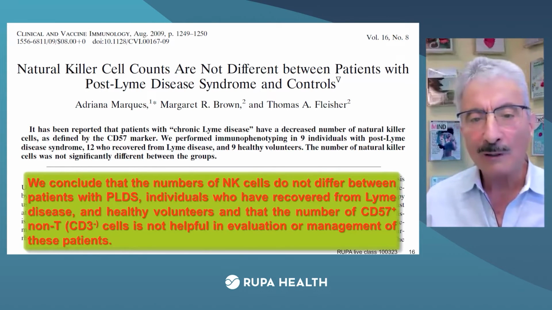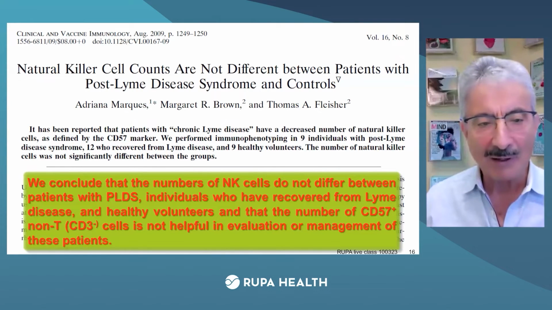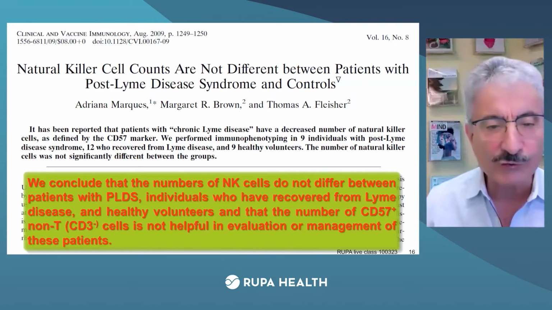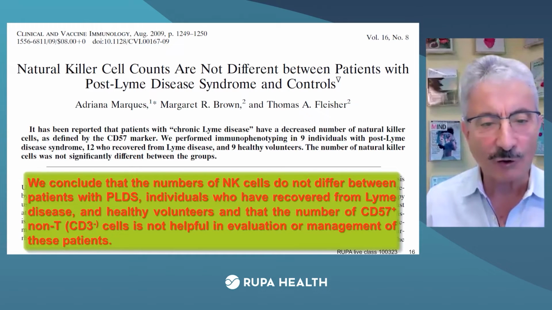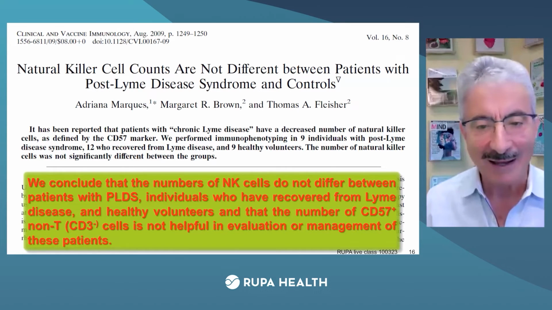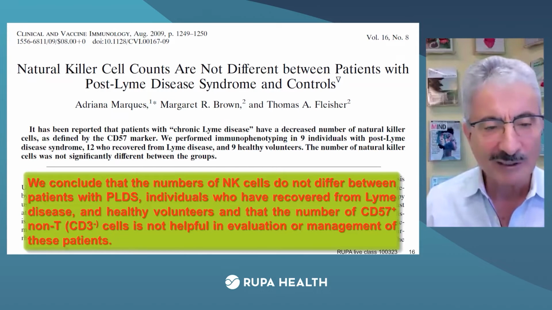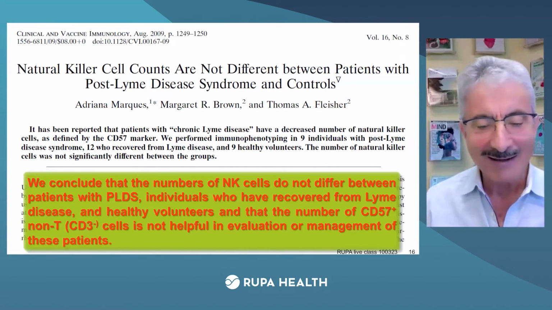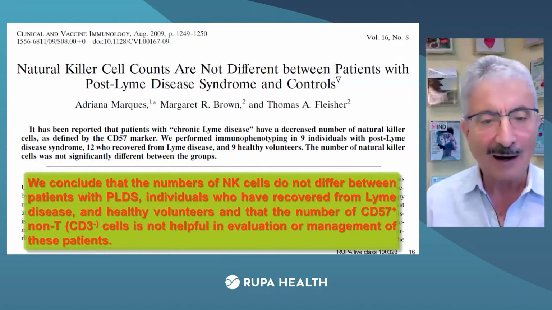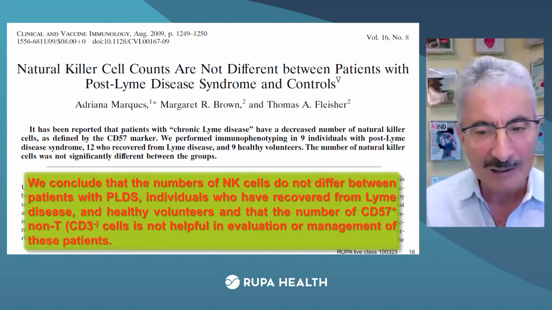So therefore, please remember, this test could not be used for diagnosis of chronic Lyme disease, which I 100% agree with. And it's wrong to use low CD57 as an indication of Lyme disease and put your patients on medication, sometimes for 6 months, sometimes for years.